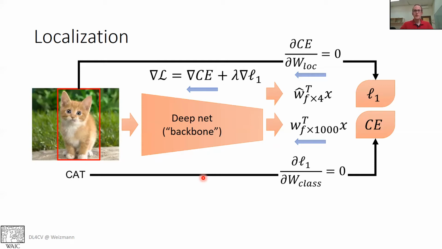Shai? Yeah. Are there any meaningful differences observed in the features that you learn in the deep net when training with Lambda at 0, as opposed to the other extreme? I don't think so. We'll talk about visualization of what the network learned next week. Tali will talk about it.